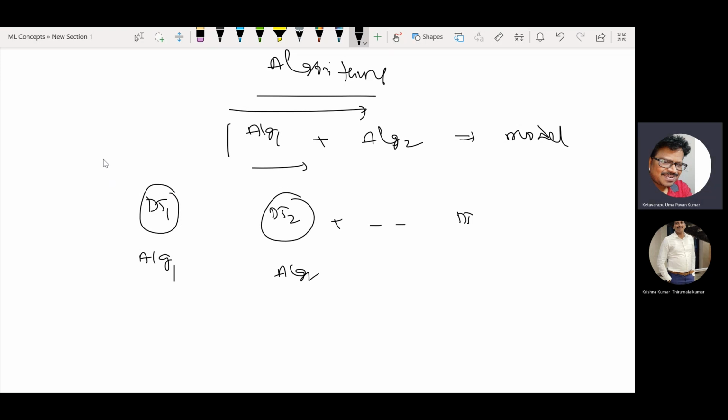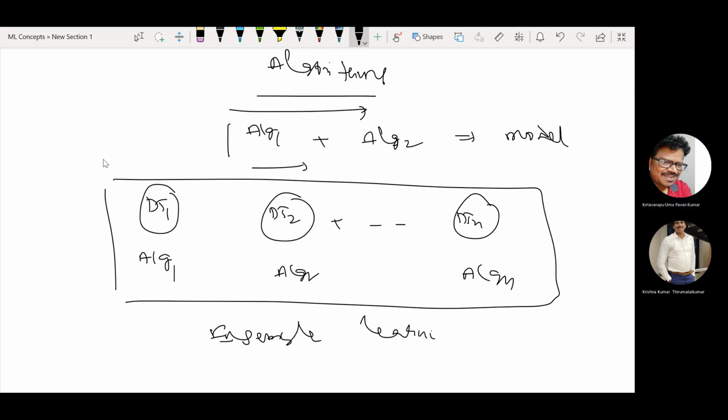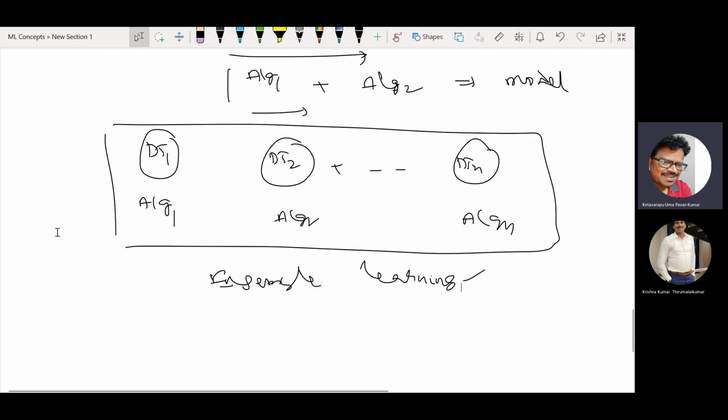Likewise, I have n number of decision trees. All this integration is the format of ensemble learning. So the main advantage of random forest is that it bootstraps: it picks up the data and refers to all the data items.